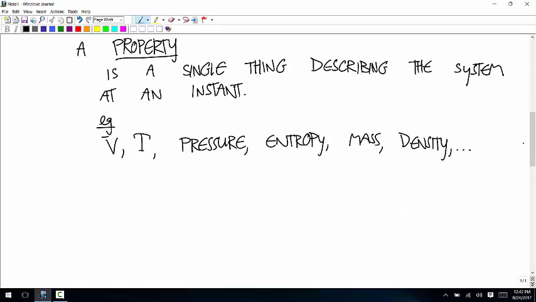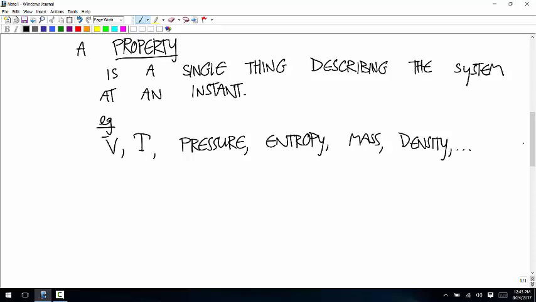So all of the variables that we deal with that describe a single instant in time, each one of those is a property. This is sort of a theoretical thing because there's infinitely many properties, you can describe things infinitely many ways, but if you take all of the properties that describe something at a single instant, that's called a state. The state is the collection of all the properties.